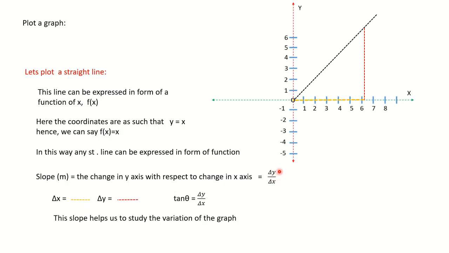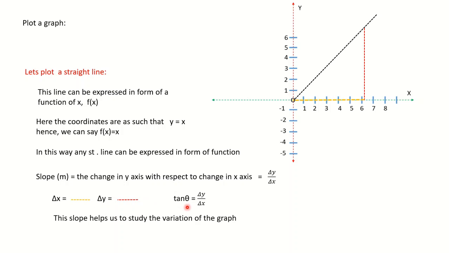So a change in y-axis has been shown with red line, and the change in x-axis has been shown with yellow line. So this red line shows the change in y-axis, that is delta y, and delta x has been designated with yellow line, that is change in x-axis, and thus we obtain delta y by delta x as the slope.